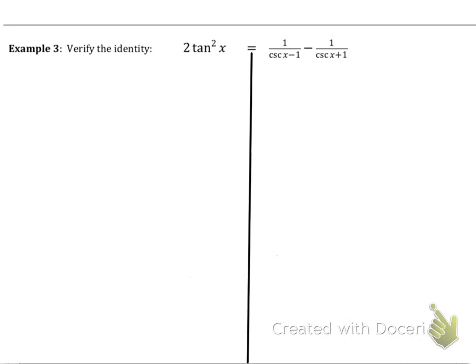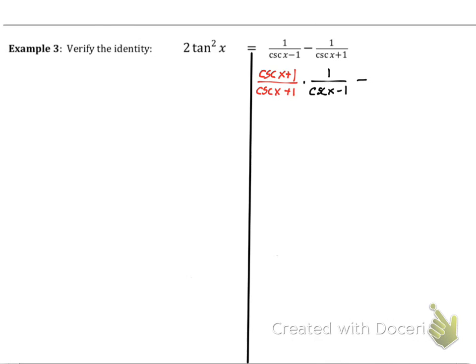So just like Brian said, I'm going to take this denominator and multiply it by the top and bottom of this fraction. Then I'm going to take this denominator and multiply it by the top and bottom of that fraction. So we are going to have cosecant x plus 1 over cosecant x plus 1, multiply that by that first fraction, which is 1 over cosecant x minus 1.